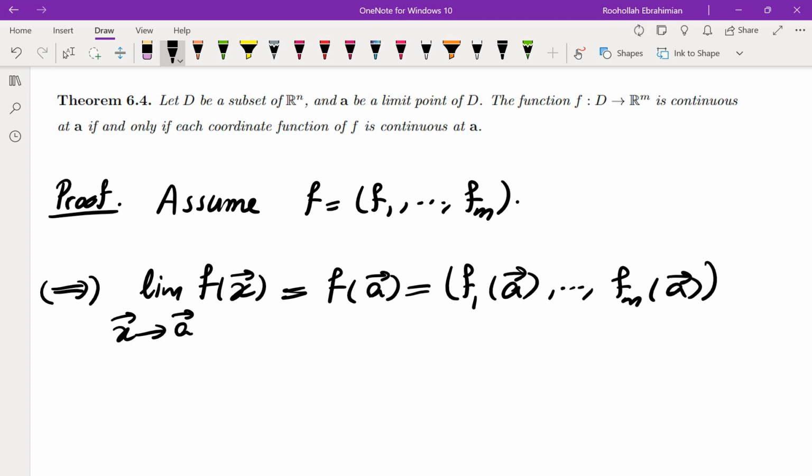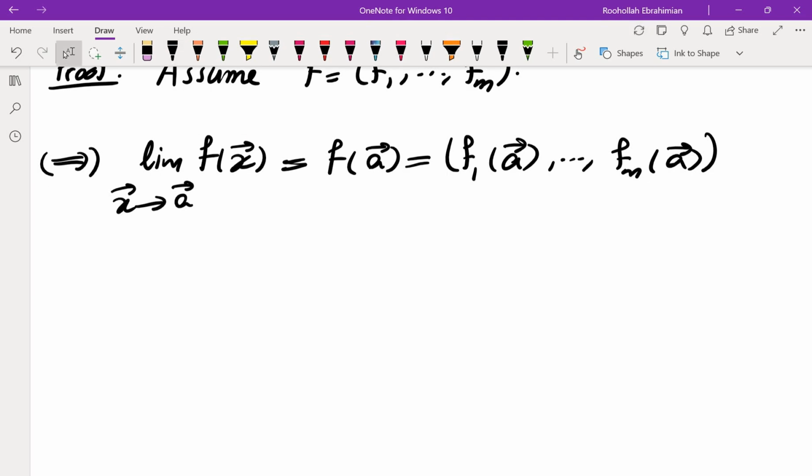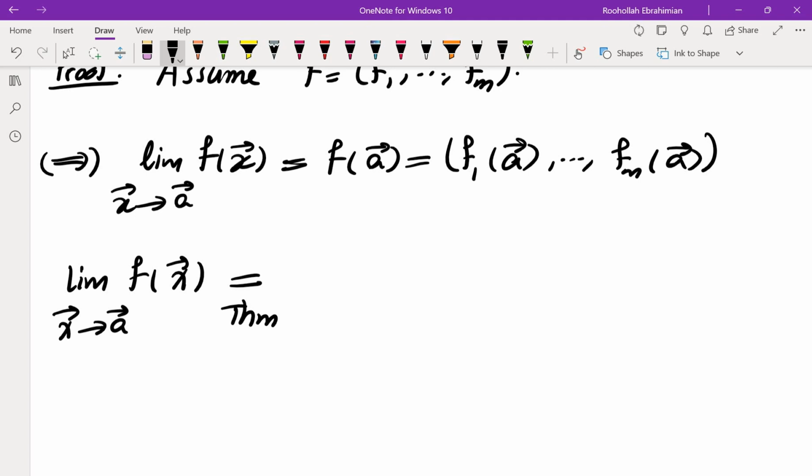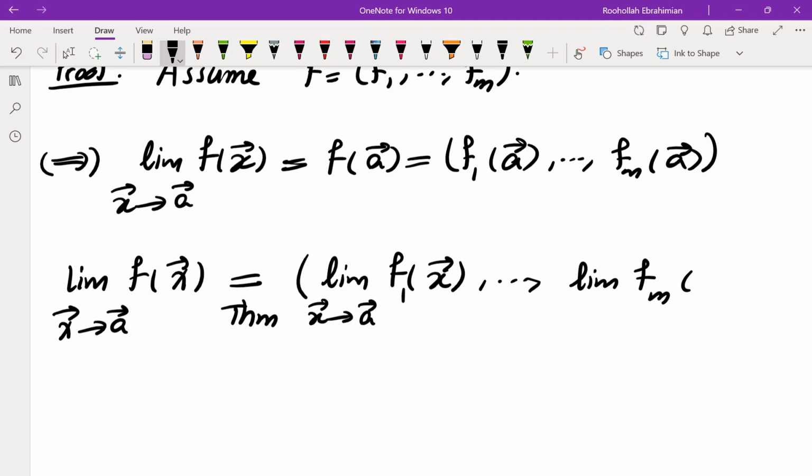Now, if you look at the left hand side, f of x as x approaches a is equal to, by a theorem we proved earlier, the limit of f1 of x as x approaches a all the way to the limit of fm of x as x approaches a.